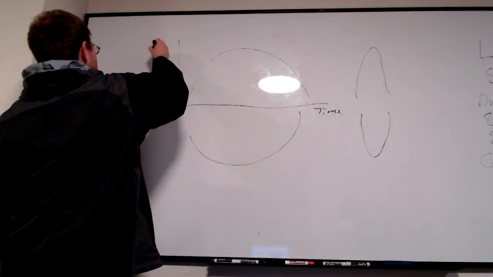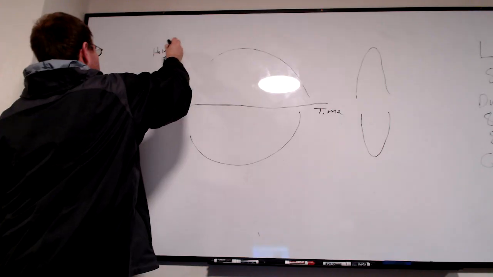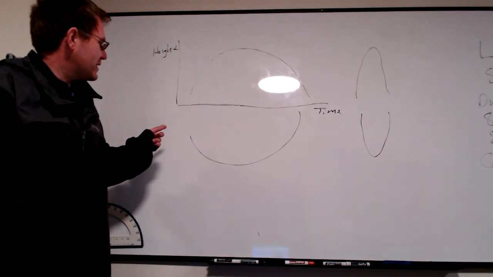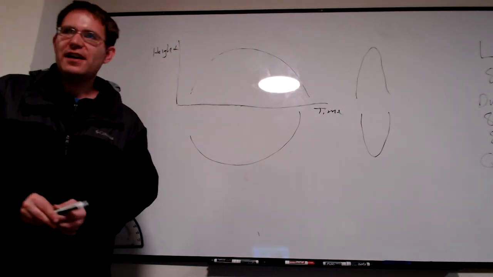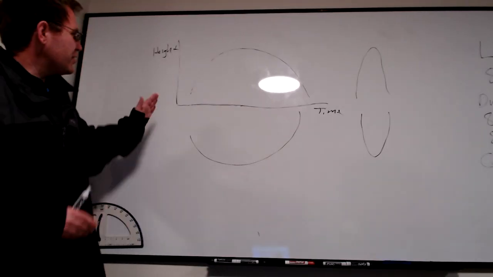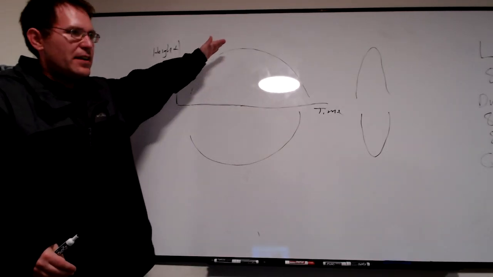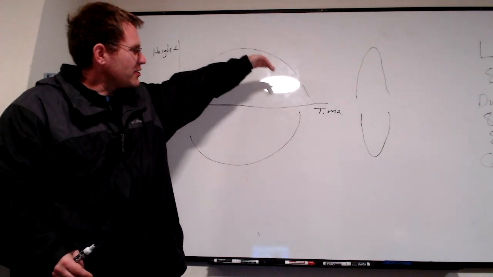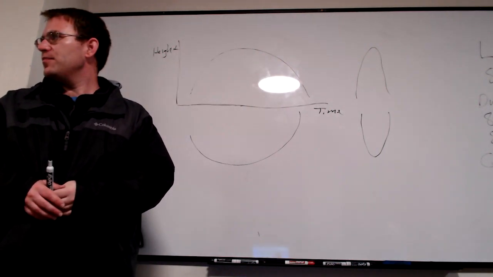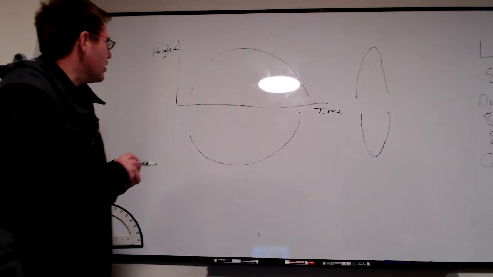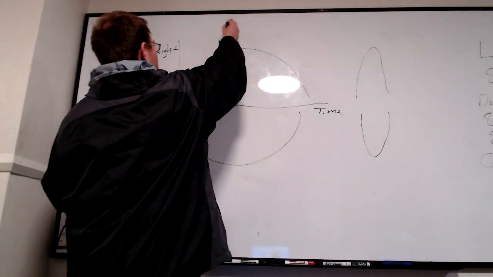So if you have, say, a football and you throw it, initially its trajectory goes up, then it slows down, and then it descends. So that would be an example.